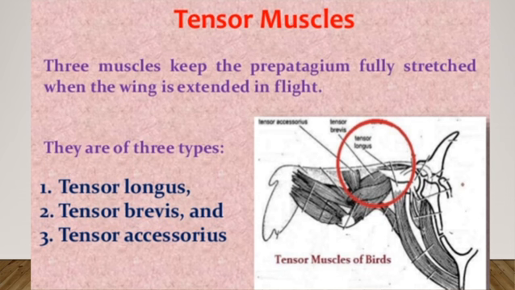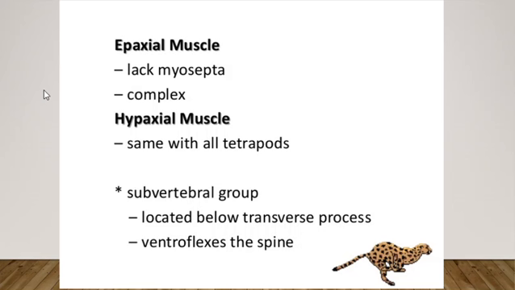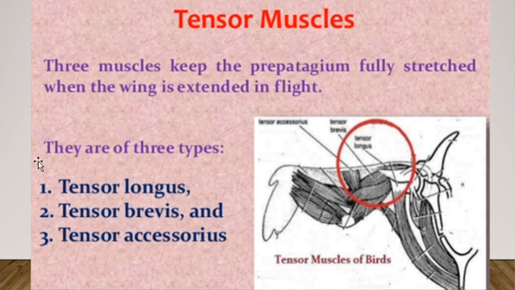Next, we have the tensor muscles. These three muscles keep the prepatagium fully stretched when the wing is extended in flight. So there are three types: tensor longus, tensor brevis, and tensor accessorius.